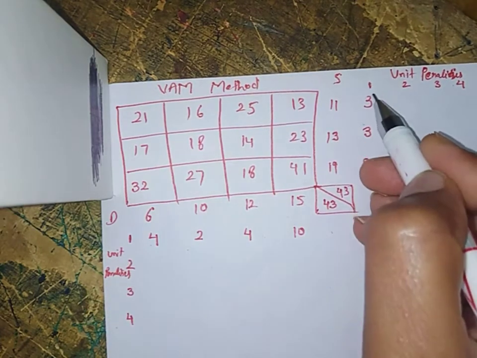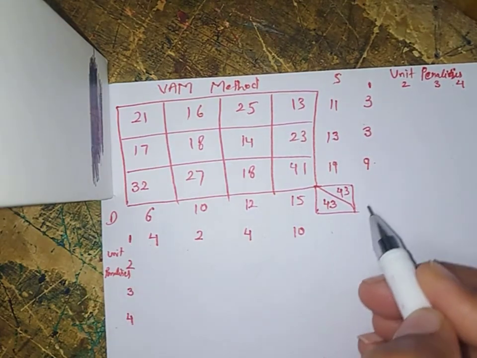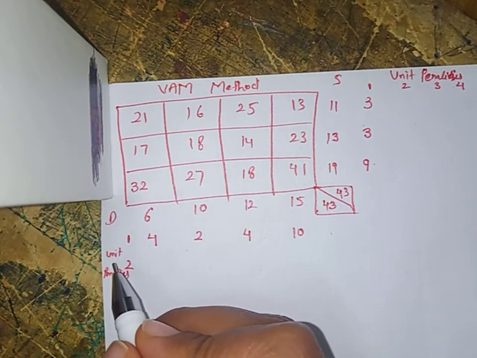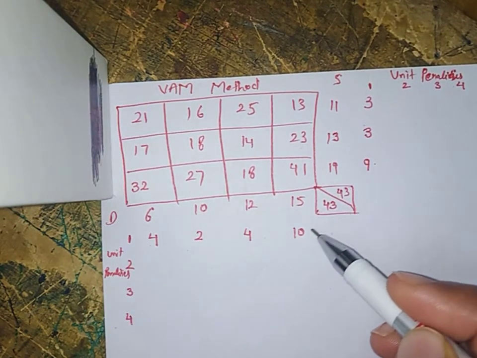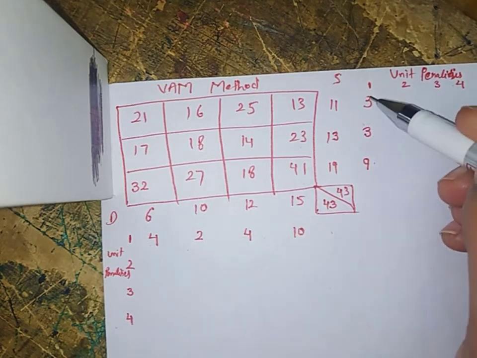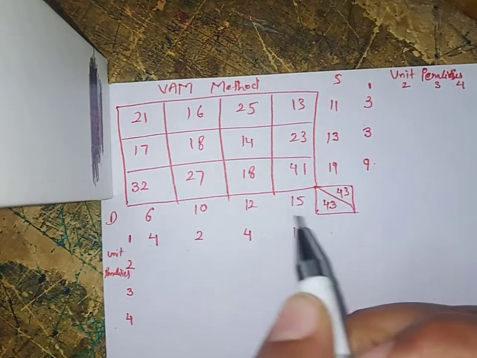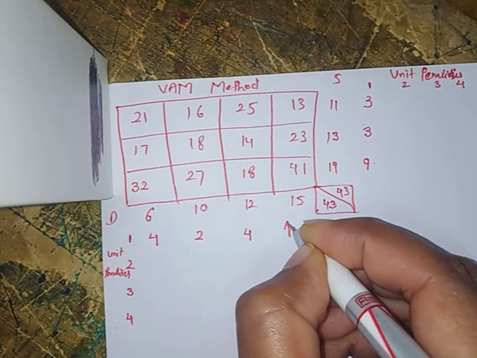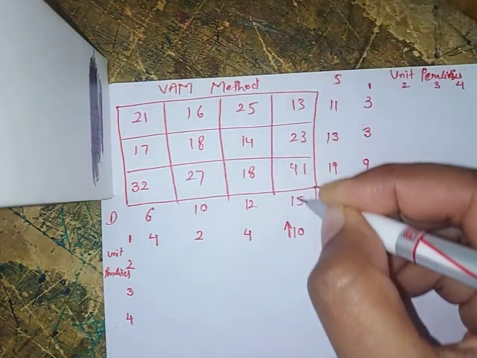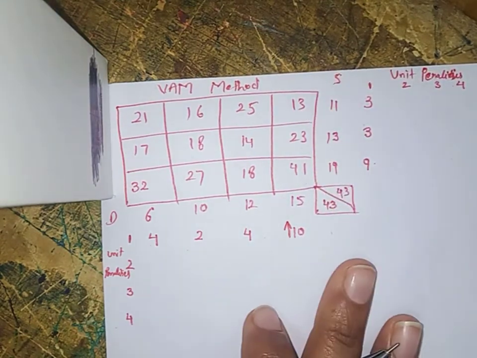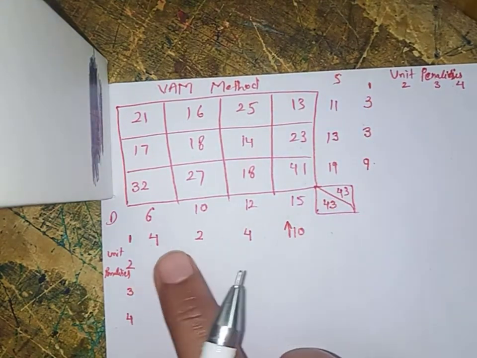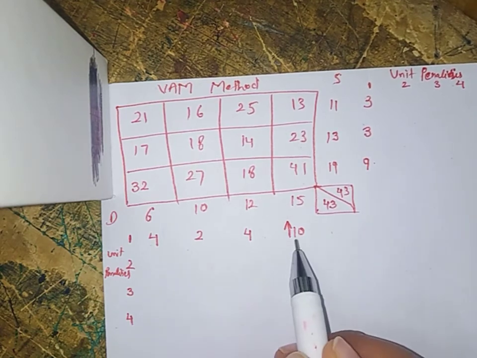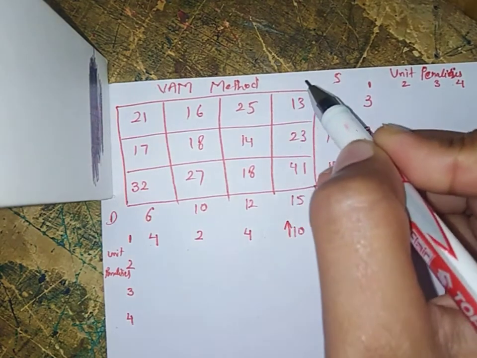After calculating all the unit penalties, we will select the largest penalty. And among all these, which is the largest value? It is 10. We will enter through this column. Is it clear?